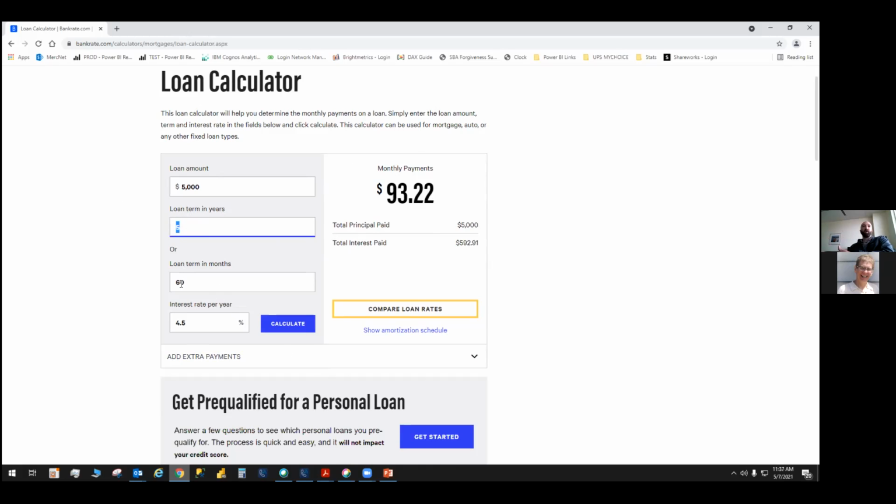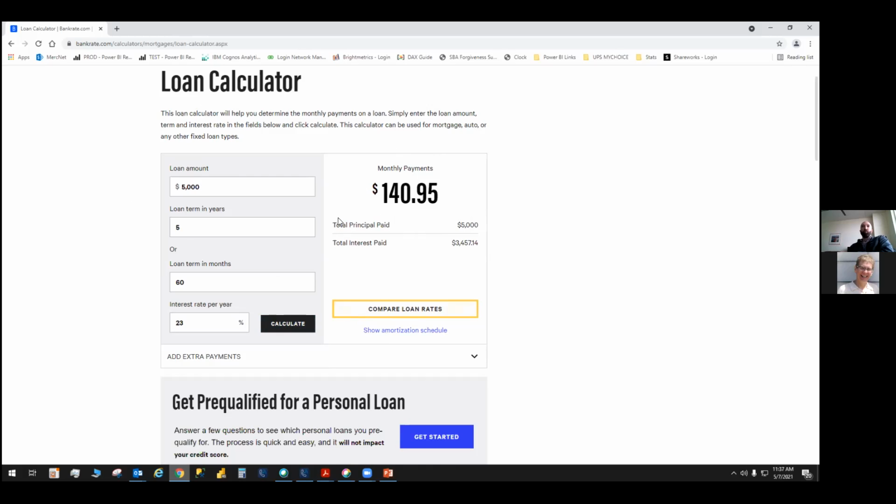So I've got 5 years, or it converts to 60 months. And I'm going to put the interest rate up here at 23%, assuming I'm going to use something like a credit card to make this purchase, hypothetically. And then I hit calculate, and it will tell you what your monthly payment should be, roughly.